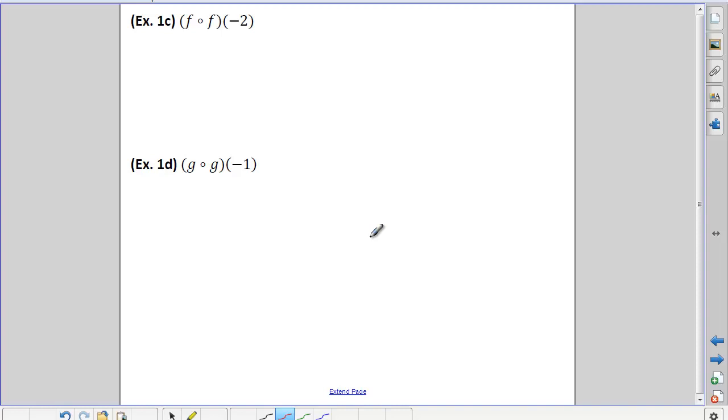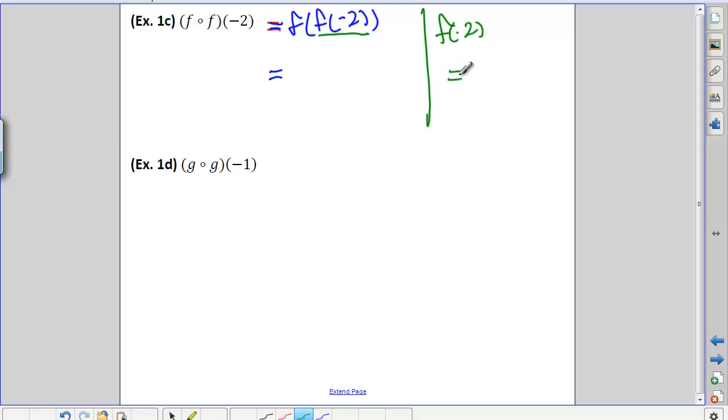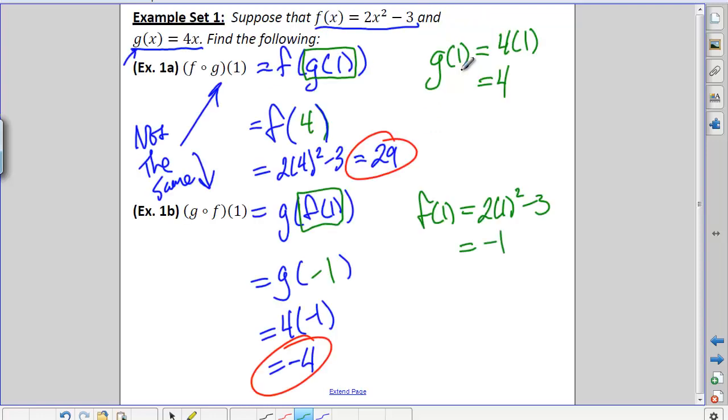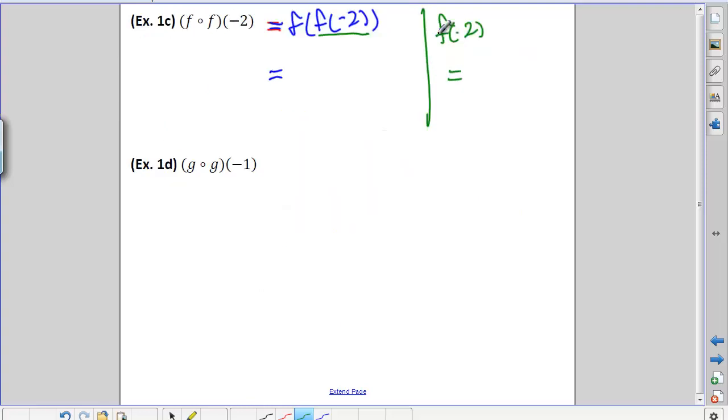Okay, C and D. Here we've got f of f. So we're using the same function twice. So this is the same as saying f of negative 2. So the first thing we need to do is find out what's f of negative 2. Again, that was 2x squared minus 3.